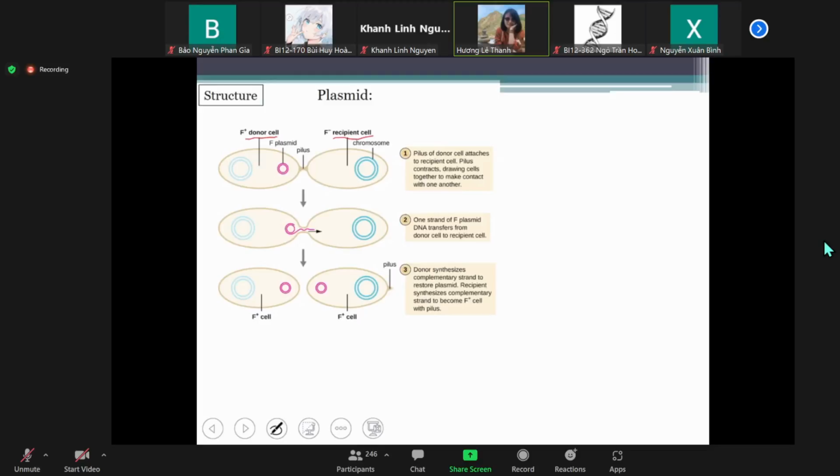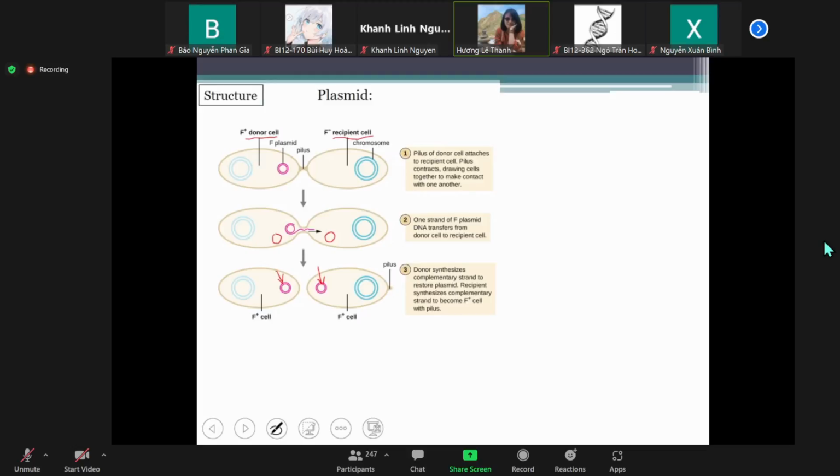So in this step we have two single DNA strands here, and in the final step they will synthesize the complementary strand to have double-stranded DNA in both cell types. The recipient cells and the donor cells synthesize complementary strands, and in the end they both have these genes.